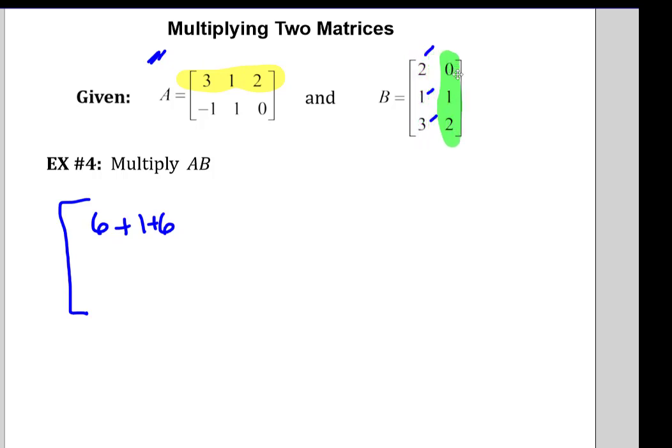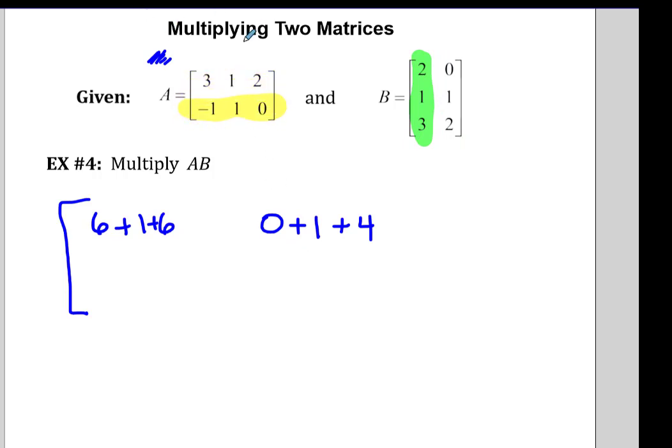Now, move these little things out of the way. If I want to know the elements in row 1, column 2, then we're going to just repeat that process. So in row 1, column 2, we'll have 3 times 0 plus 1 times 1 plus 2 times 2. And then we're going to move this back to column 1 and this down to row 2.